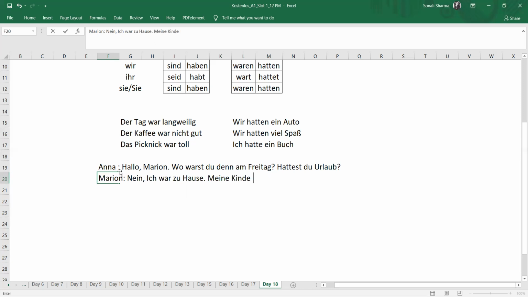Meine Kinder waren krank. That means no, I was at home. My children were sick. So meine Kinder waren krank. Here you can see this meine Kinder is in plural form. So that is why we have put waren and not war.